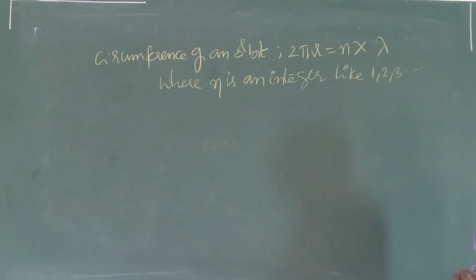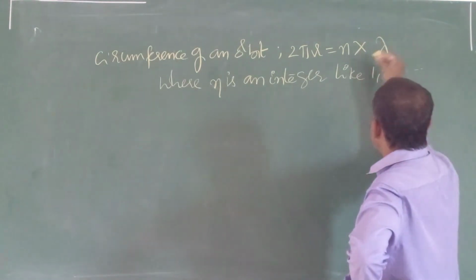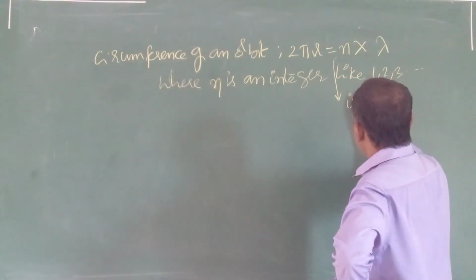So whenever an electron revolves around the nucleus in the form of waves, if the circumference is an integral multiple of wavelength, then it is said to be in phase.